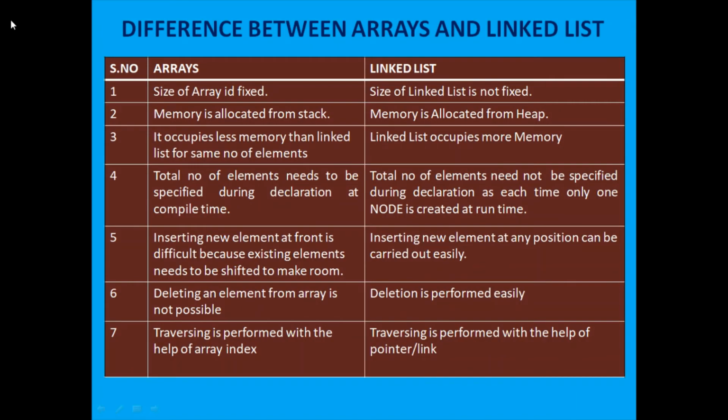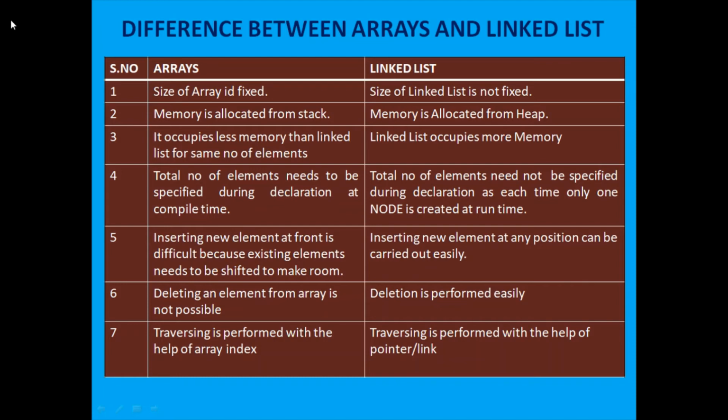Now, what is the difference between arrays and linked list? The first is the size of an array is fixed. That means during compile time, the size is given. During that time, we don't know how many elements we are going to input. So we will give the maximum size in the array. So the size is fixed.